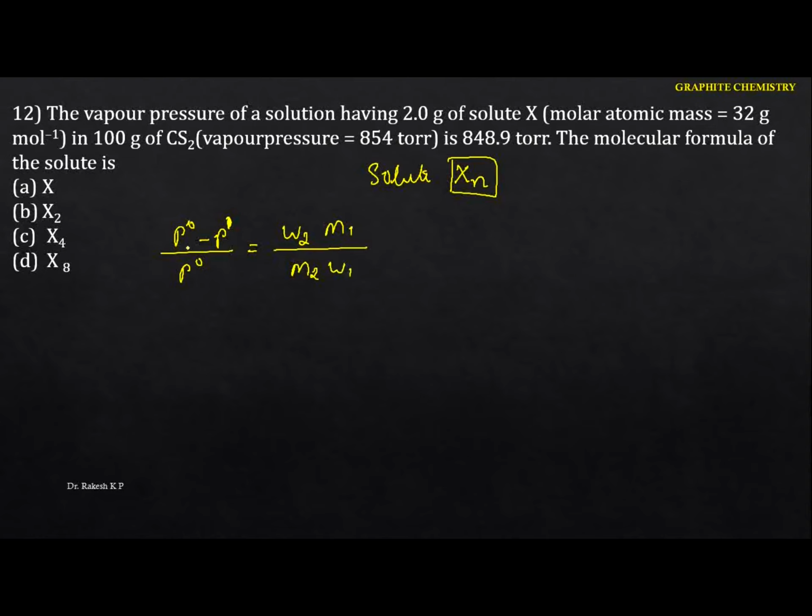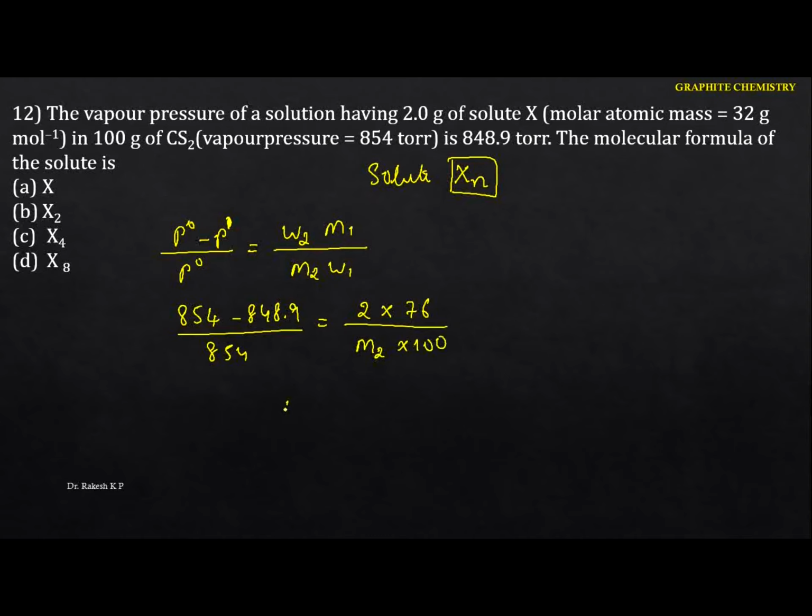Here they are given the values: the vapor pressure of the solvent, 854, minus 848.9, divided by 854. The mass they are given is 2. The molar mass of carbon disulfide will be 76. We don't know the molar mass of the solute, into 100. We have to calculate the M2.